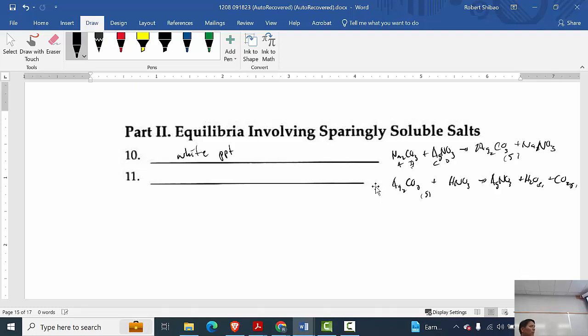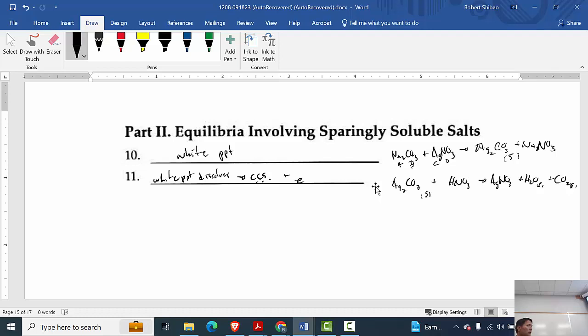And so did the white precipitate dissolve in nitric acid? Yeah. So the white PPT dissolves to form a CCS. Have you heard of a CCS before? Clear colorless solution.